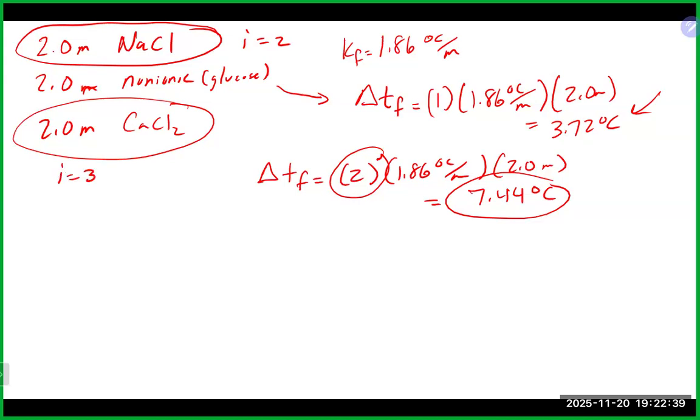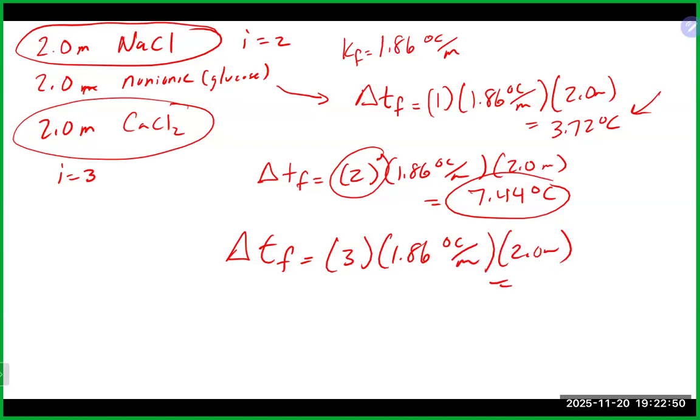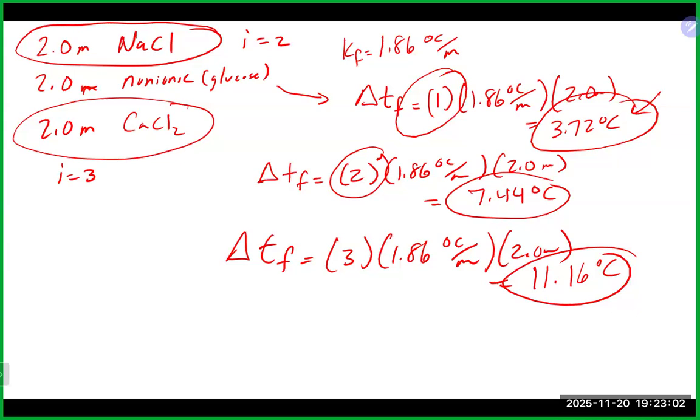If we pop that in there with our same molality, 3 times our 1.86 degrees Celsius per molality and our 2, we are going to end up with 11.16 degrees Celsius. So what we see is the more particles in that solution, the more disruptive it is to the normal freezing point, and it's actually going to start to freeze at a lower and lower temperature.